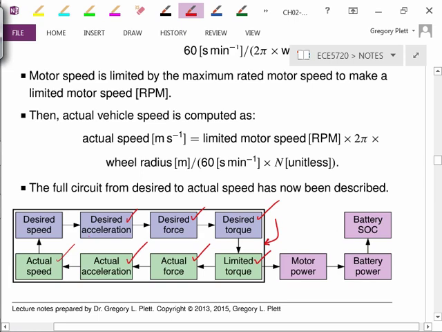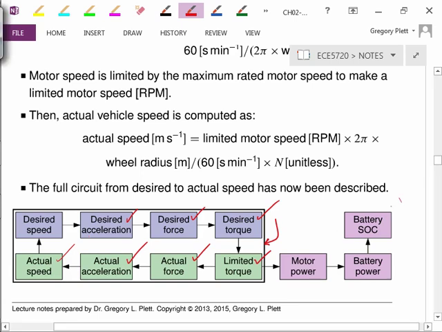All of this assumes that the battery is always able to supply everything we need. This is not going to be the case in practice, but that's the assumption that we make in this code. And if you wanted to have a more sophisticated model, you would also put in battery limits as well. And those should be fairly straightforward if you understand how to simulate a battery and how to simulate this vehicle.